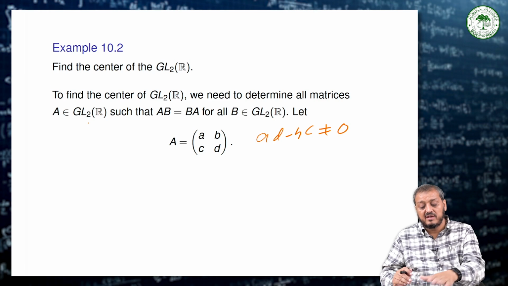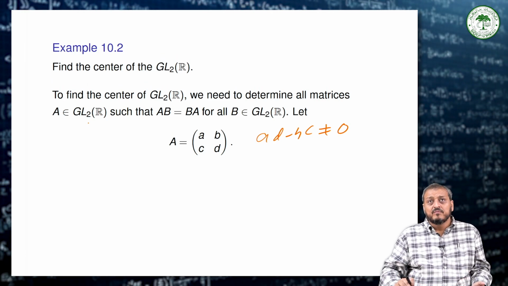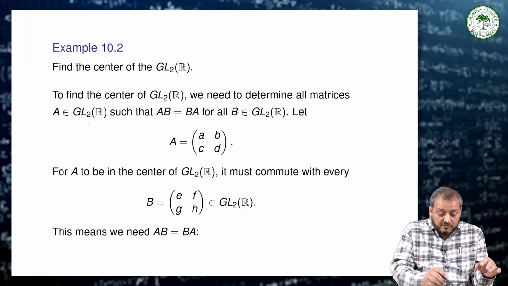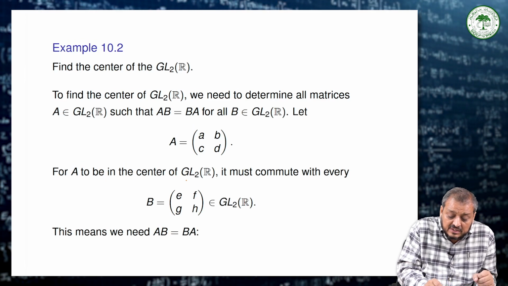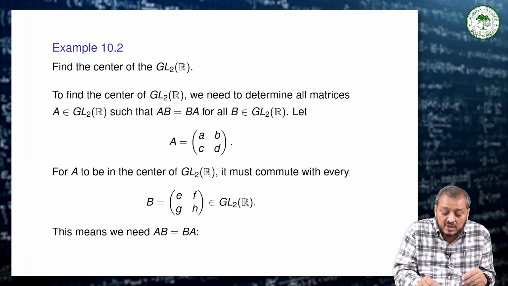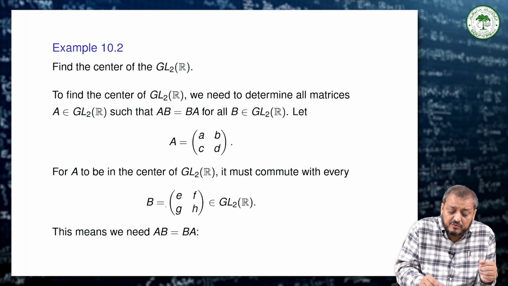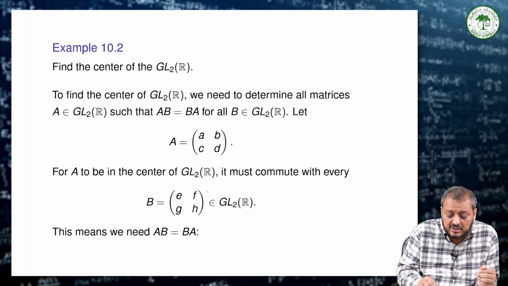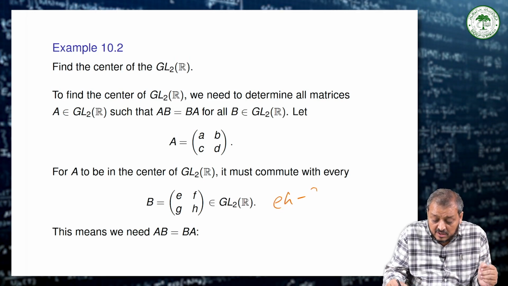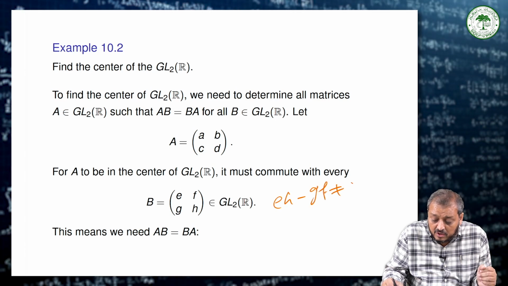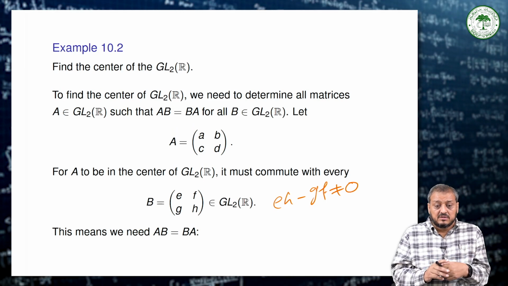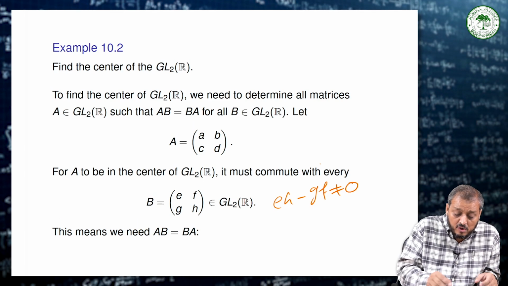For A to be in the center of GL2(R), it must commute with another matrix B that we choose, with entries e, f, g, h, where eh minus gf is again not equal to 0, because this also belongs to GL2(R).